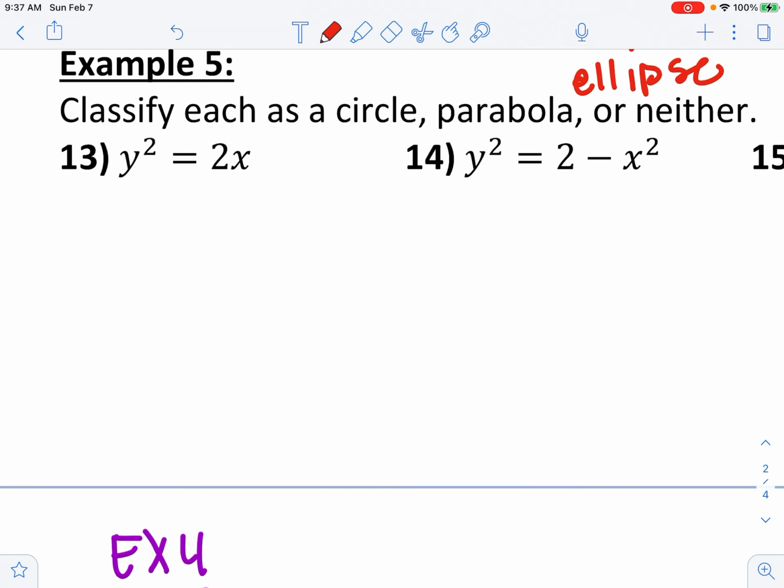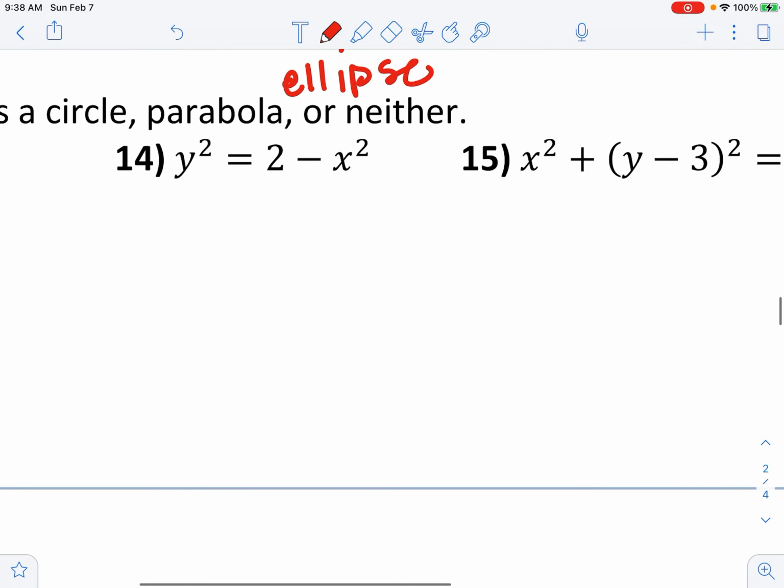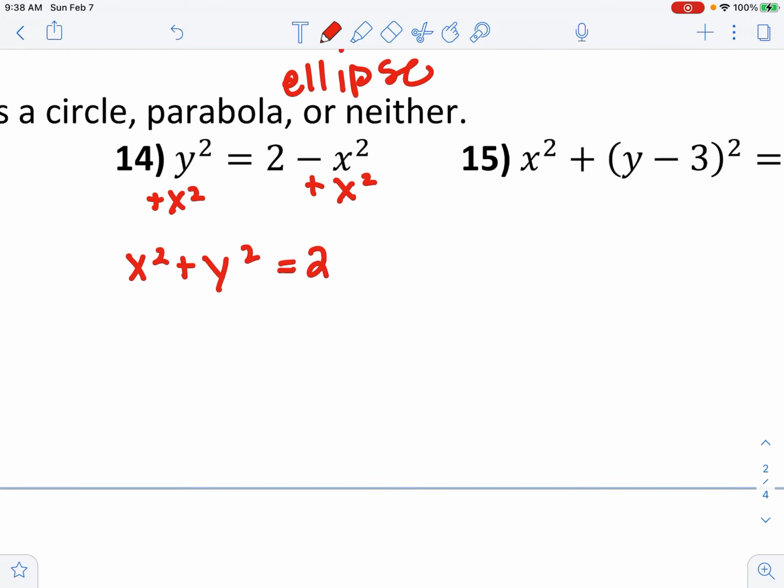All right, let's go through each one of these. This has a y squared and an x. So this is a parabola. Let's look at this one. It has an x squared and a y squared, but they're not on the same side. So the first thing I want to do is get them on the same side so I can recognize what it is.